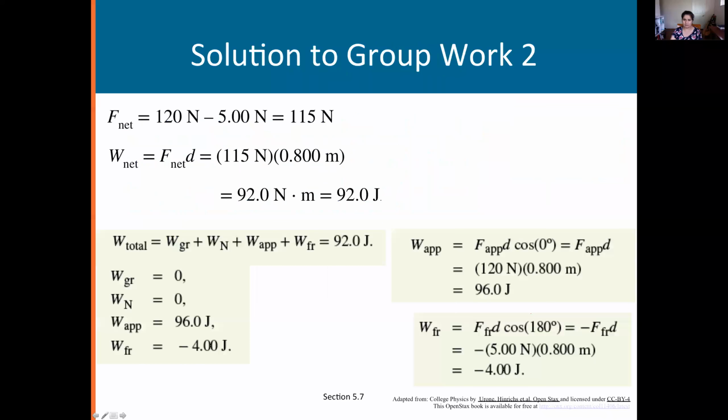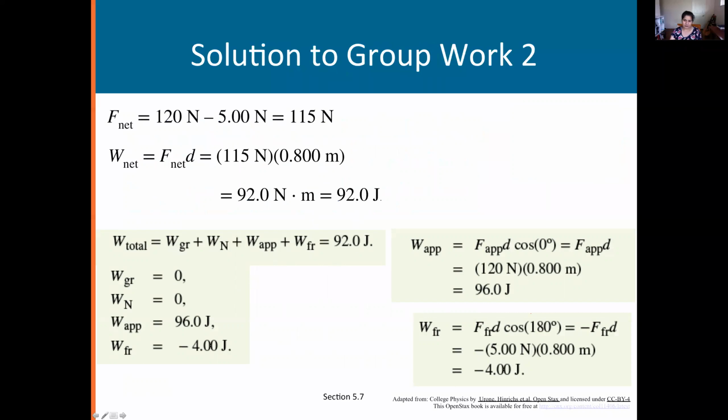And we're going to look at this. There's the 115 net force times the displacement. This is part A, 92 joules. Part B, we're going to break down the work done by each force, and it must equal the same total, 92 joules, right? The work done due to gravity, which is the weight, is 0. Work done due to normal force is 0. Work done by the applied force, which is 120, times 0.8, okay, so that's 96 joules.